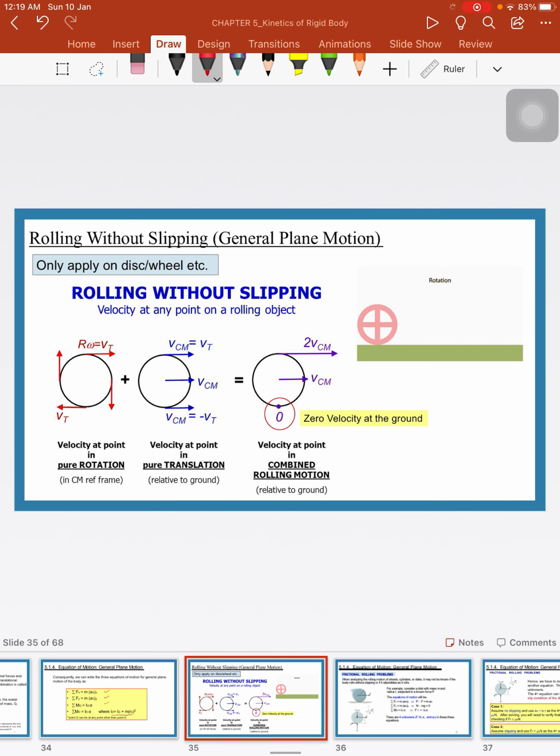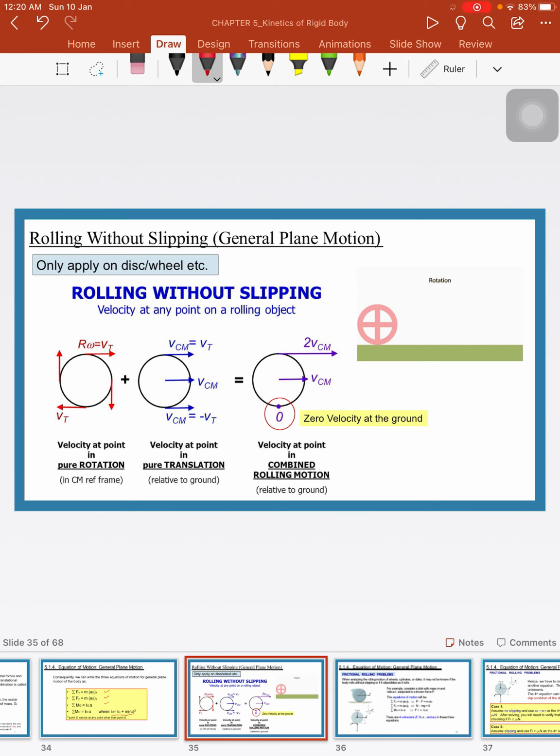Next, in general plane motion, we have two conditions: rolling without slipping or rolling with slipping. Rolling without slipping is only applied on disc or wheel, etc. First, let's see rolling without slipping.